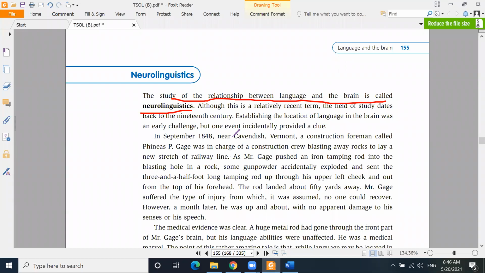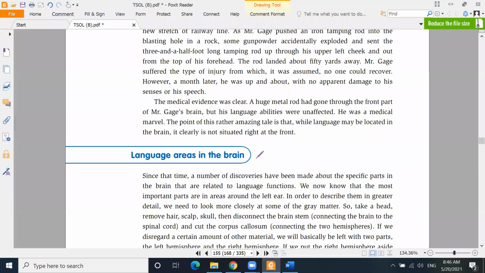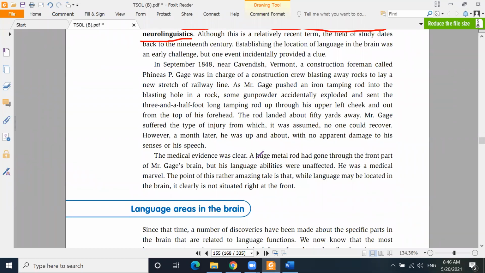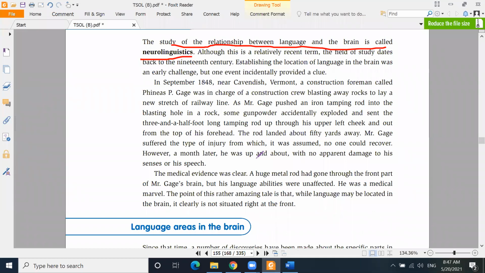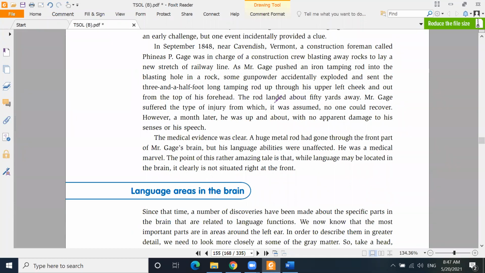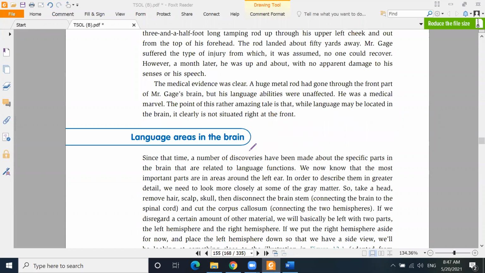How have people come to know about the relationship between language and brain? People have conducted certain neurological experiments, neurobiological experiments, particularly in the medical field. They came to the conclusion that there is a relationship between language and brain because the language faculty exists in our brain.